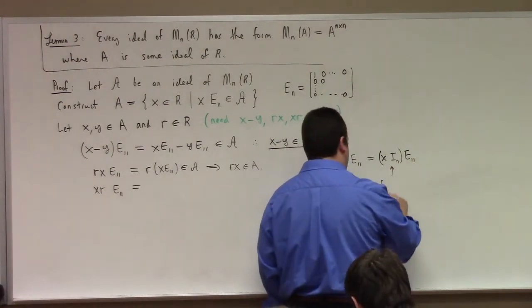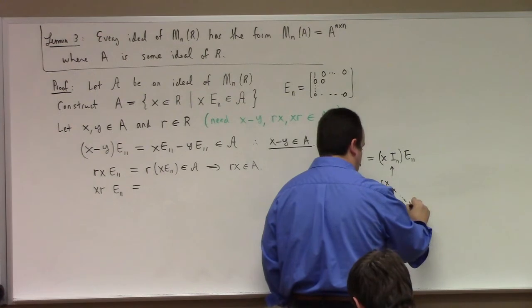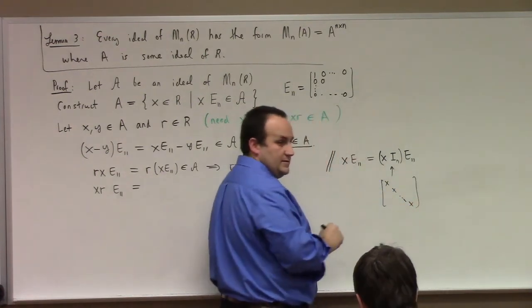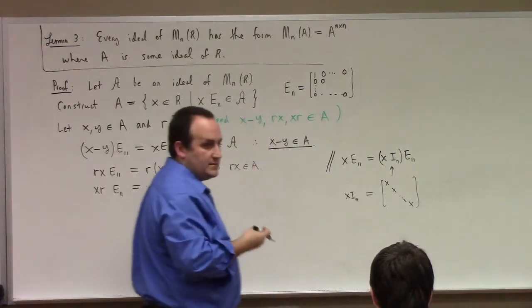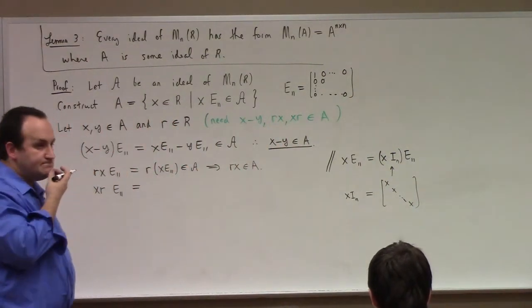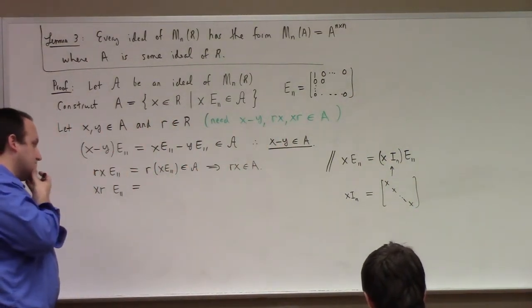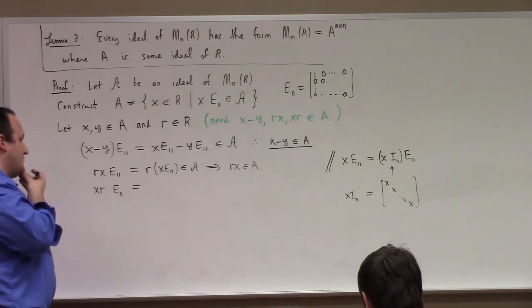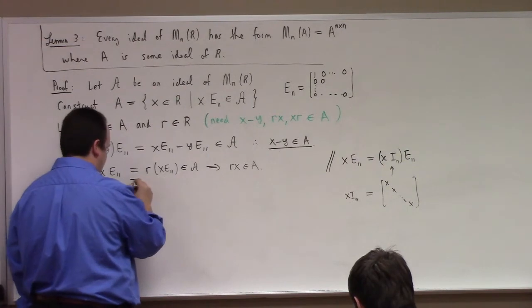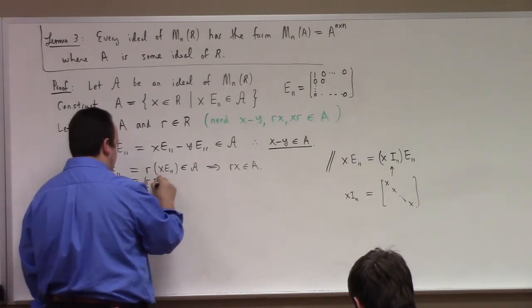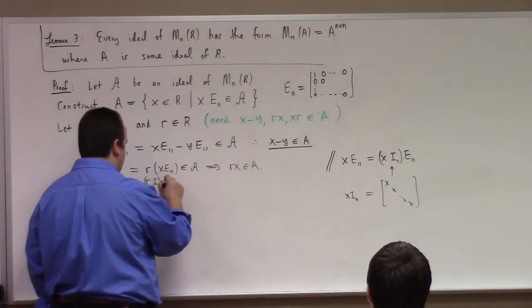So this would actually be the matrix x, x, x, x, if you like. It's x times the identity matrix. That's in the ring, right? Well, I'm still not getting the point. All right, fair enough. And I would like to see that detail here also. You got me.